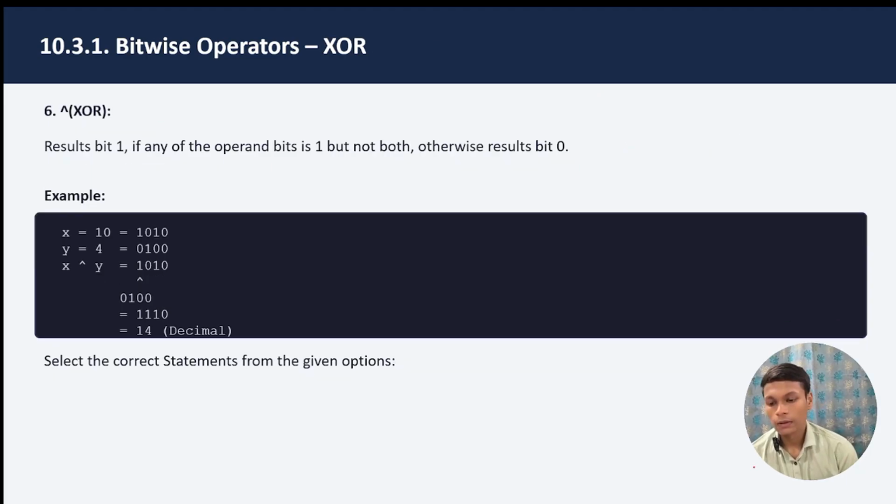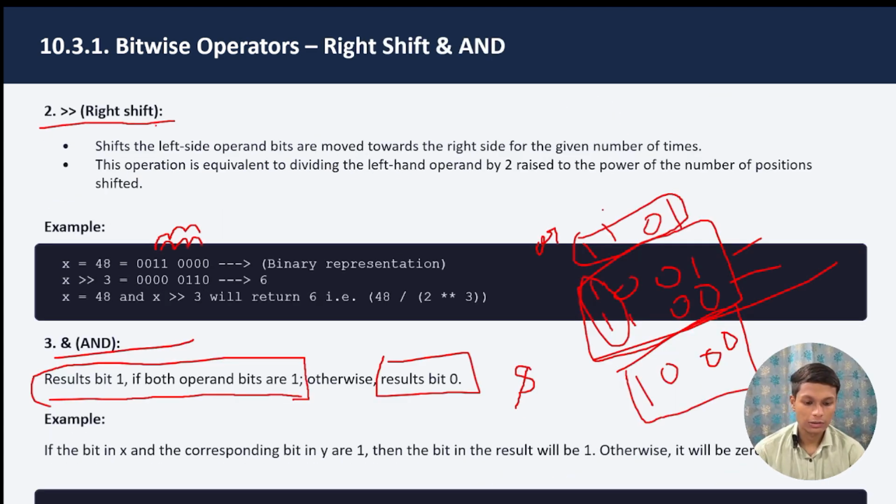Now the last bitwise operator is the XOR operator. What does XOR do? It is similar, you can say the reverse of OR. In OR any 1 gives 1, but here if both bits are different, the result is 1, and if they are the same then 0.